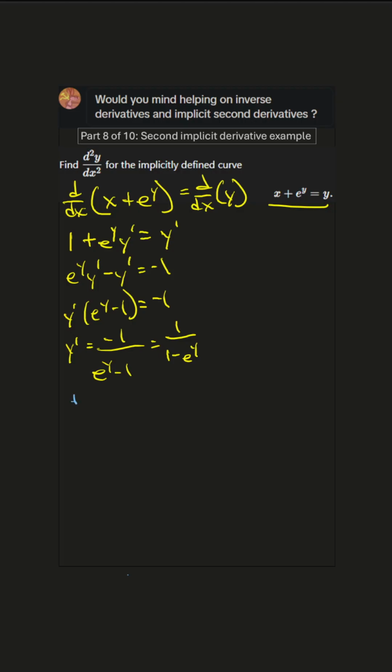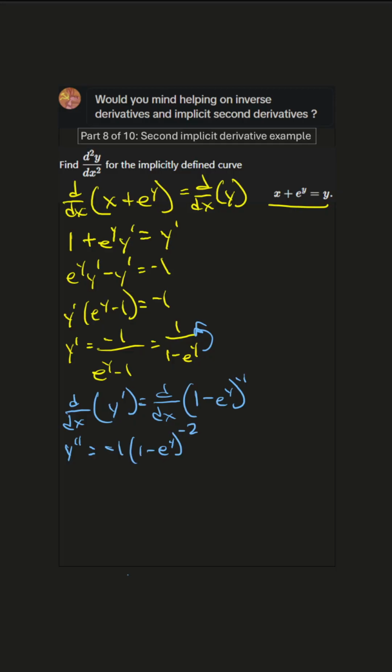So we have to take the derivative again, d dx of both sides of the equation. Let's bring this up top, make it simpler to work with. So that'll be 1 minus e to the y, to the -1 power. And let's see, we get y double prime equals, we have to use the chain rule. So that'll be, bring down the -1, 1 minus e to the y to the -2, that's just the power rule, times the derivative of the inside.